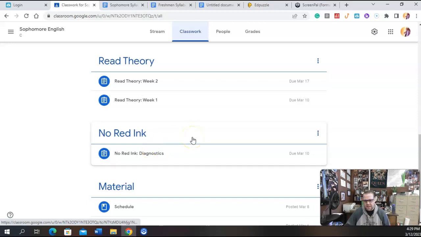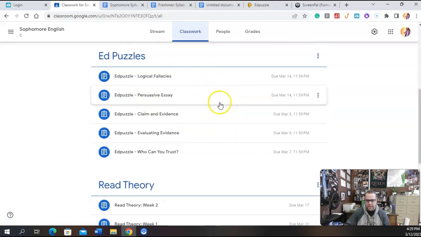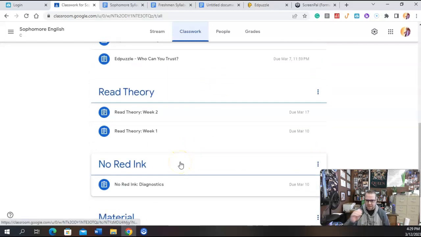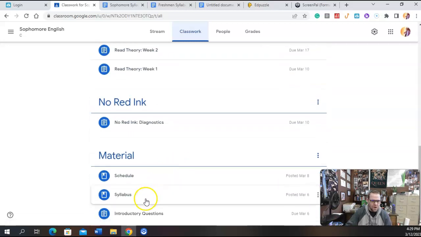On the other hand, if the next week Joey forgets to do it or skips it, it would be averaged to 50% because he didn't do the second assignment. So in my power score, it would be an F, even though before it was an A. It's cumulative, and that's the same for Read Theory and Edpuzzle videos. So if they want to raise those scores, they need to go back and fix those or finish them, whatever the case might be. Okay, let me go to my syllabus quickly.